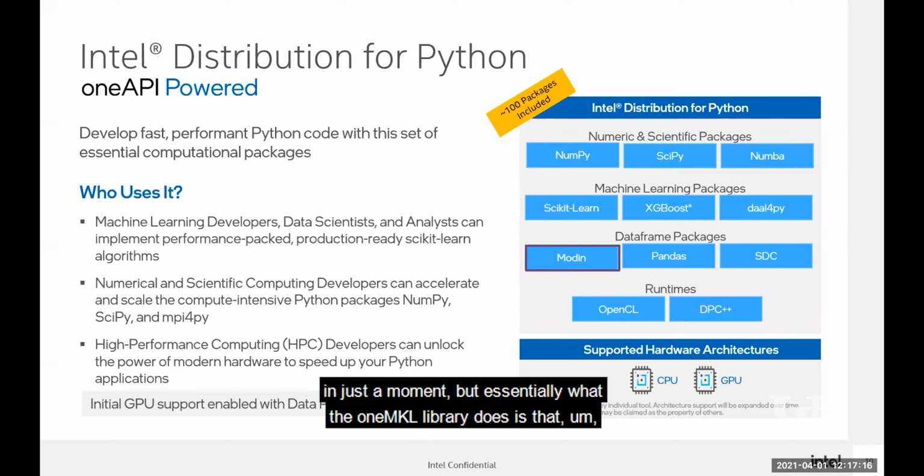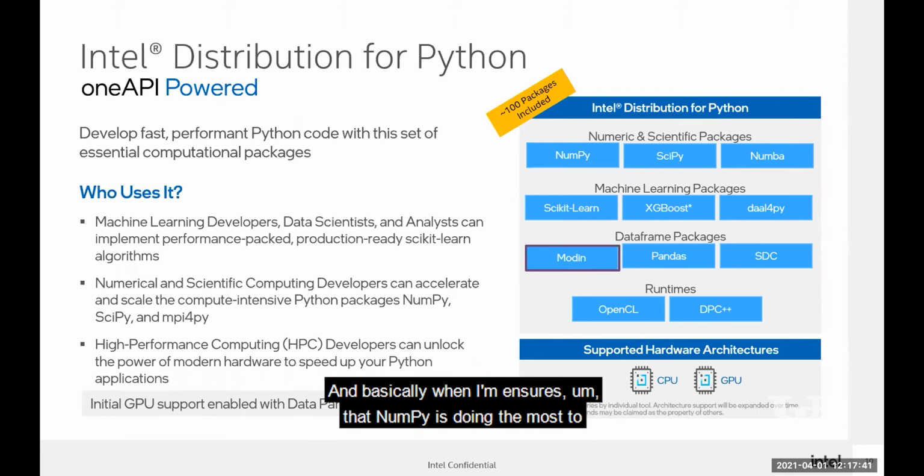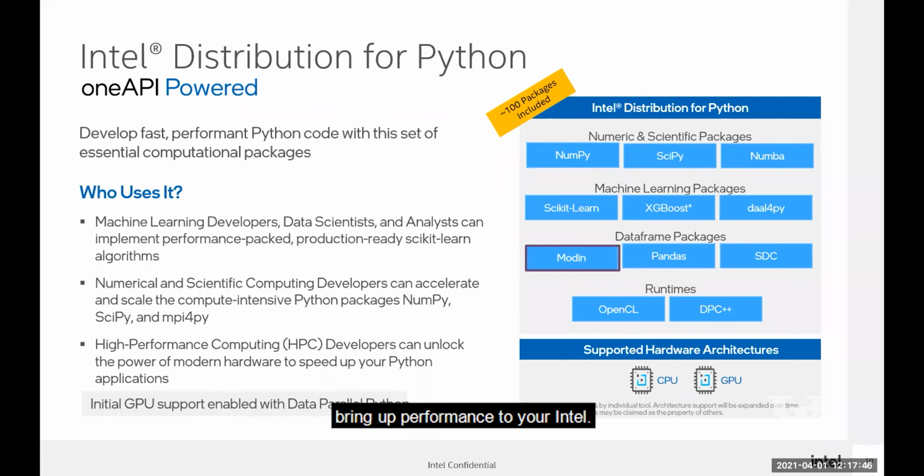But essentially what the oneMKL library does is, under the hood of these packages, say with NumPy, we take some of the memory intensive computations for NumPy and SciPy that stock or standard non-optimized NumPy usually can't handle, and we plug in oneMKL, and basically oneMKL ensures that NumPy is doing the most to bring performance to your Intel architecture.